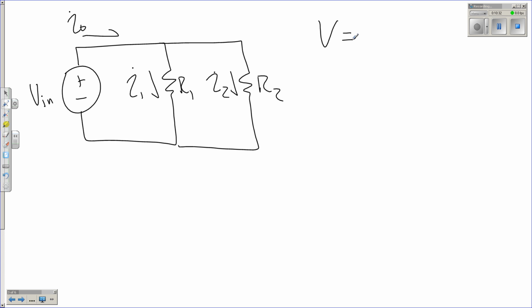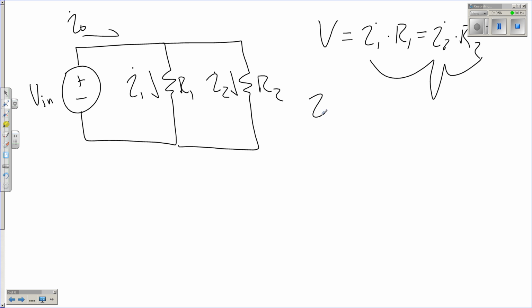Let's set up our equations first. We know the voltage, Vin, is going to be equal to I1 times R1, and also equal to I2 times R2. And we can rearrange this to look like I2 equal to I1 times R1 over R2.